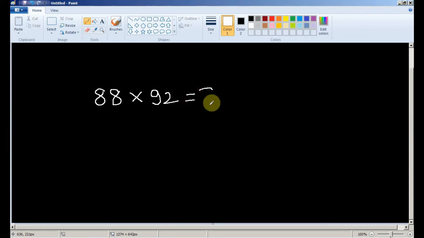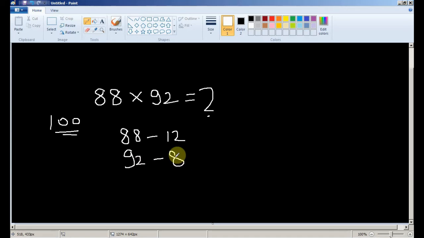I'm just taking any random number. And 88 I'm going to write here as minus 12, because the difference is 12, and minus because the number is less than the base 100. And then 92 has a difference of minus 8.